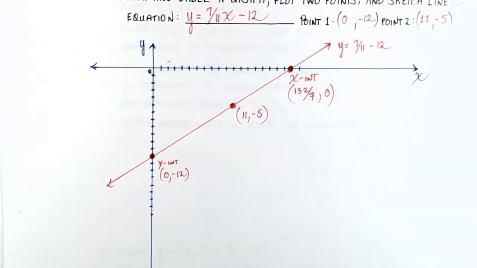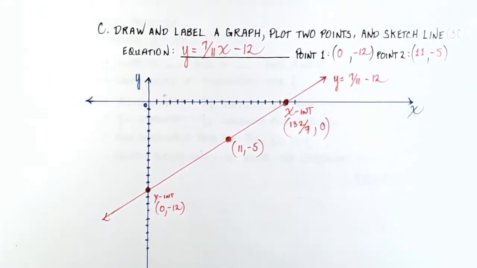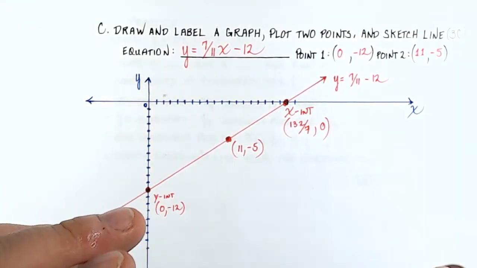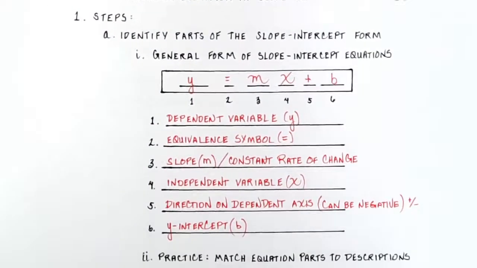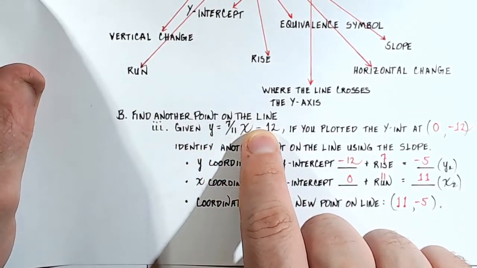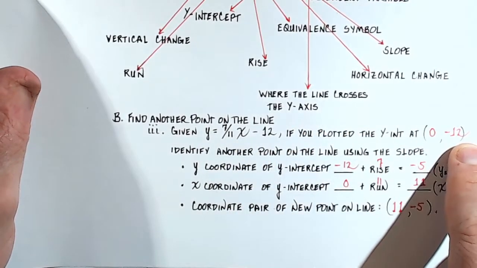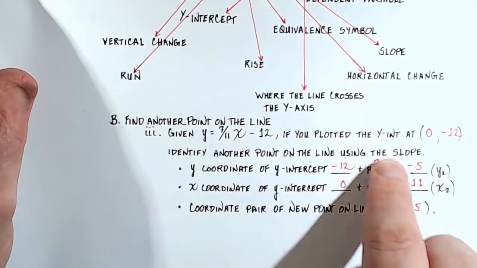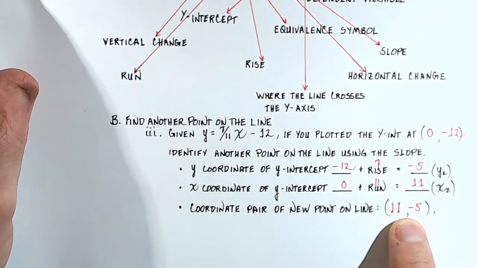So you have taken, this is the whole learning standard here in one problem. We took a slope-intercept form equation of the line, okay? We identified the y-intercept. We use the slope to find another point on the line.